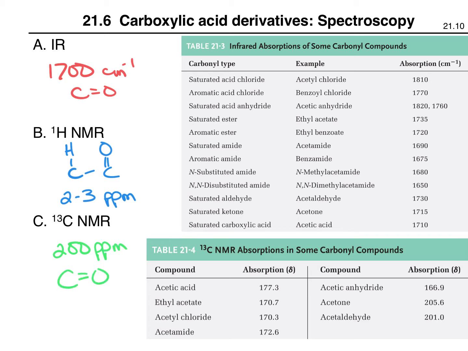Carbonyls definitely absorb at the highest range, higher than alkenes and aromatics. 200 ppm is probably too broad of an estimate. Notice when we are talking about aldehydes and ketones, they do absorb around 200 ppm. When we have different carboxylic acid derivatives, these are closer to 170 to 180, so just be aware of that.